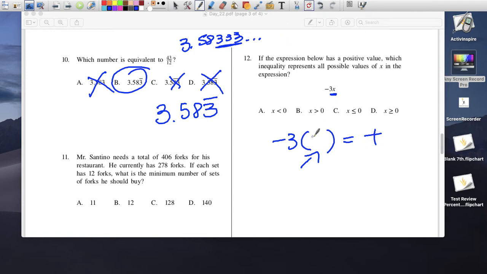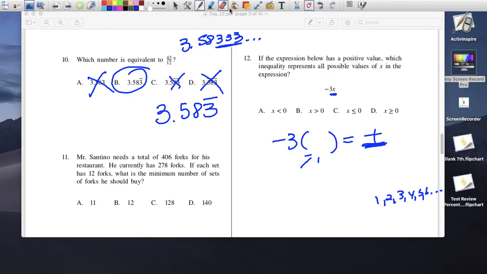Well, first of all, if I put positive numbers, 1, 2, 3, 4, 5, 6, etc., all positives, what happens here? A negative times a positive becomes a negative, so it doesn't work, right? Because I want the answer to be positive. So if I put positive numbers in here, it's really not going to work.